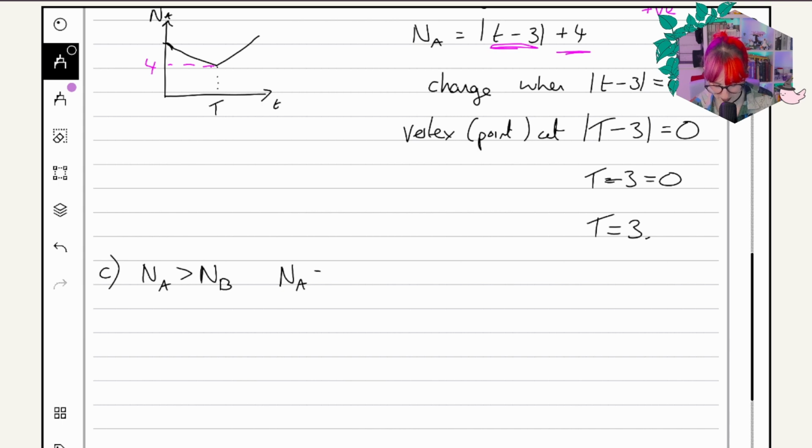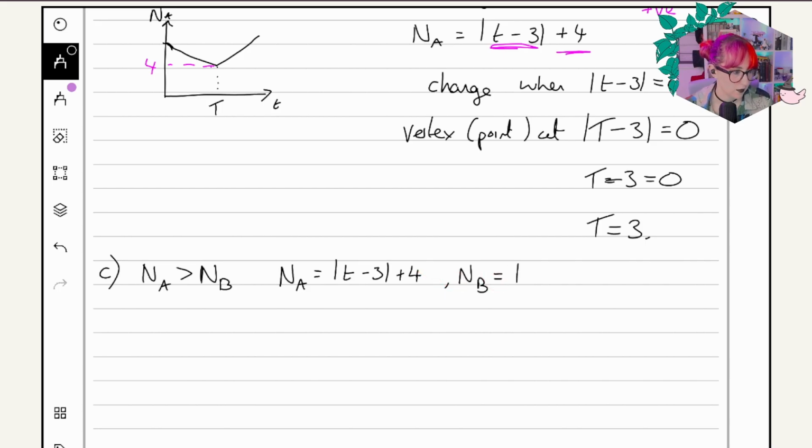And again, NA is modulus of T minus 3 plus 4. NB is 8 minus 2 modulus of t minus 3. And I'm going to be very careful about this screen.